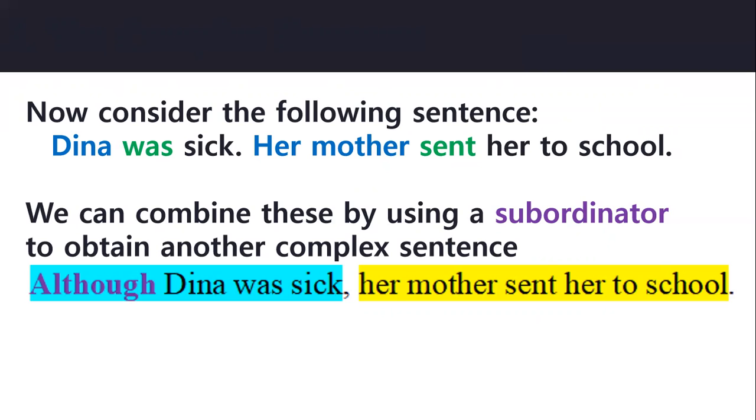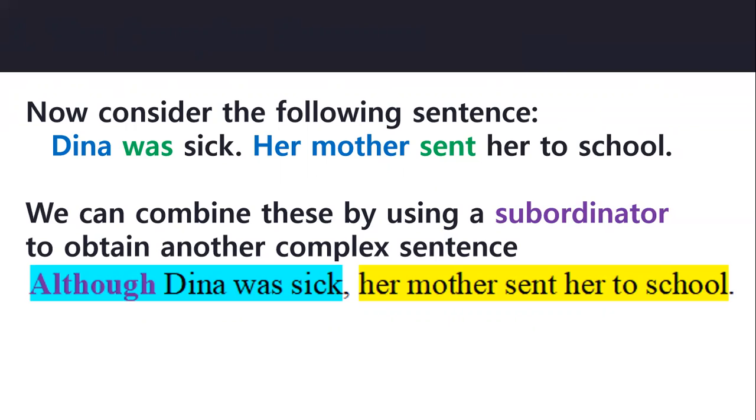We can combine these in this case by using a subordinator to obtain another complex sentence. So, although Dina was sick, her mother sent her to school. As you can see, we have the highlighted part, the blue part, although Dina was sick.